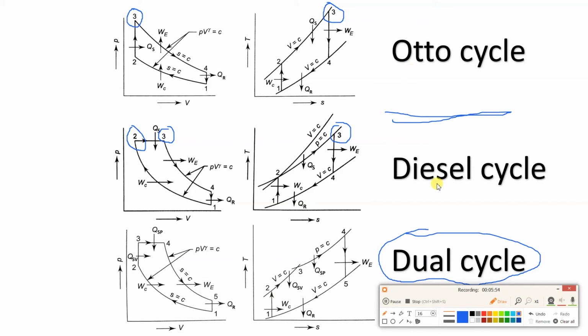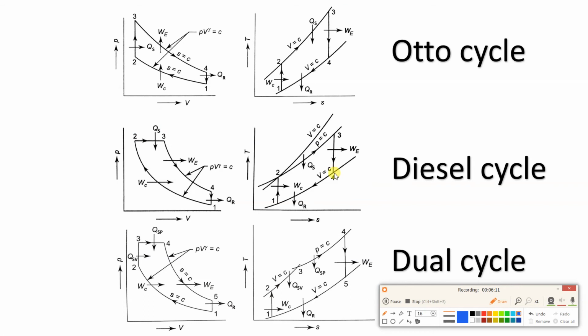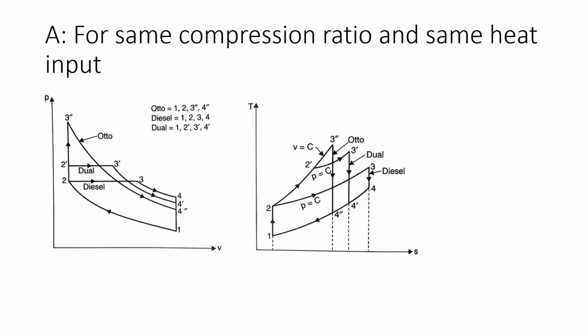Otto cycle might be the greatest efficiency out of all three of them, and in some cases diesel cycle efficiency might be greatest. But if you see the dual cycle, it will be in between. Okay, so with this knowledge we will move on to the comparison.